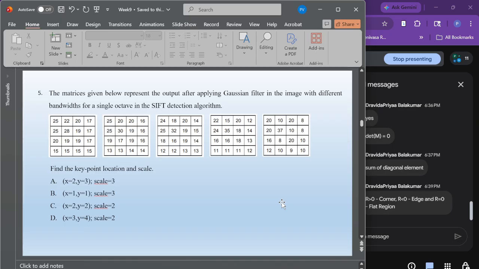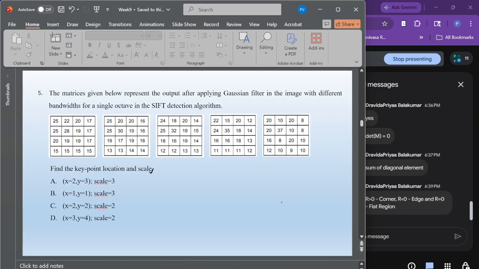These matrices are the outputs after applying the Gaussian filter on the image matrix with different bandwidths for a single octave in SIFT. So for that we need to find out the key point location and scale. So how can we find the key point location and scale?